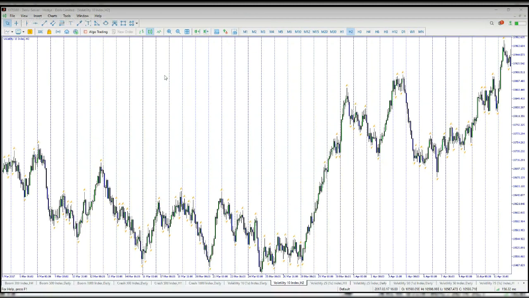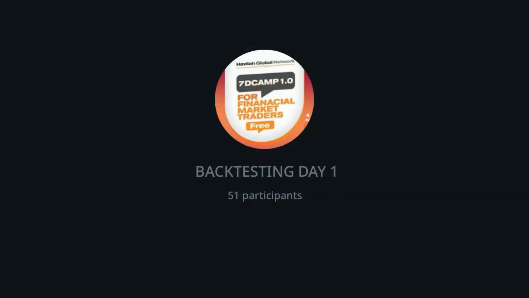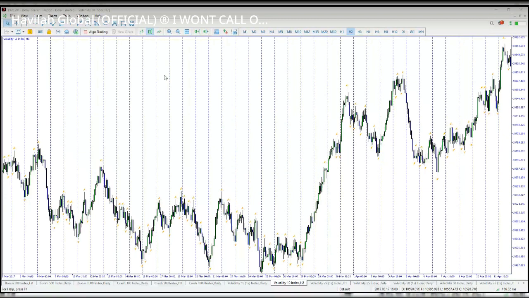Please, let's mute ourselves. So V assets will be starting from 10, they will move to 10x, then 25, 25x, 50, 50x, 75, 75x, 100, 100x, 200, 200x, 300x, range break 100, range break 200. They will move to step index, then boom 300, boom 500, boom 1000, crash 300, crash 500, crash 1000, jump 10, jump 25, jump 50, jump 75, and jump 100.